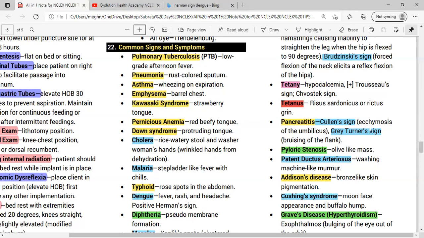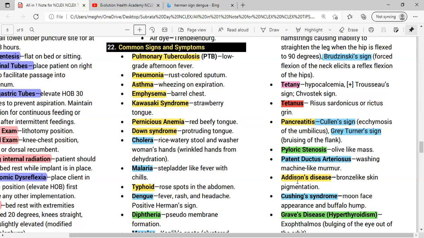If a patient has pyloric stenosis, we find an olive-like mass. Patent ductus arteriosus: we find a washing-machine-like murmur. So if an infant has patent ductus arteriosus, we get a murmur called the machinery-like murmur.